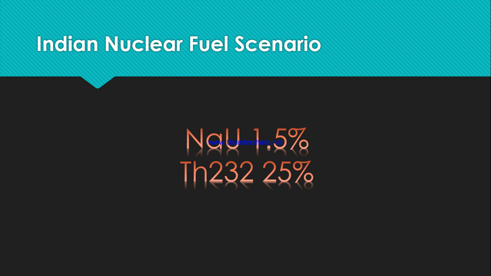Uranium 235 is very little, around 0.7%, and the remaining 99.3% is uranium 238. Only this uranium 235 can undergo fission, through which nuclear energy can be generated.